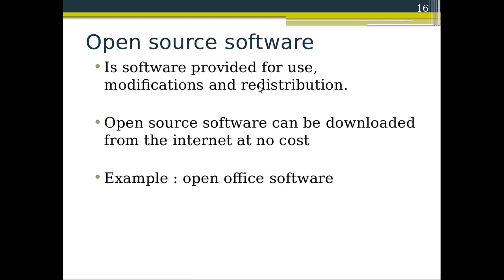For example, Linux or Unix system. Unix system is open source. It is written with the programming language named C. And there is no restriction on its use, modification and redistribution.